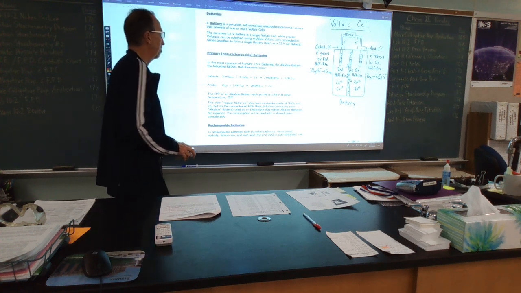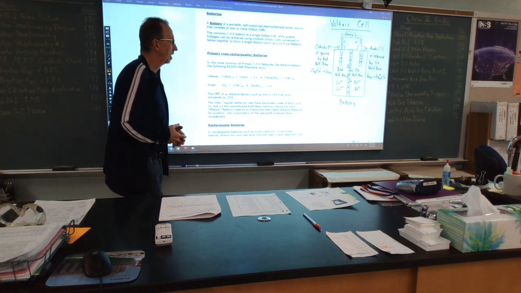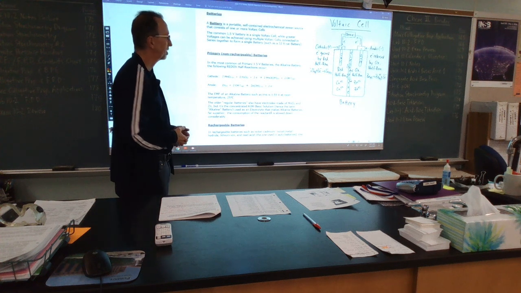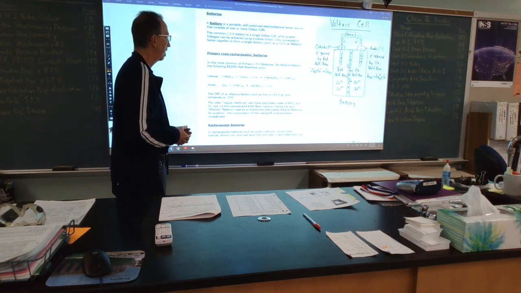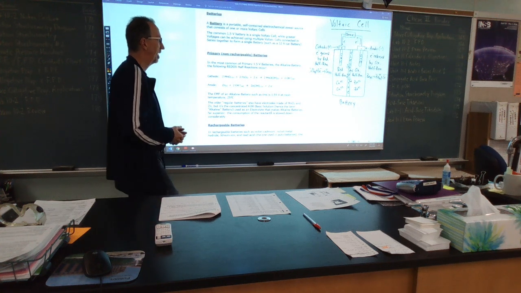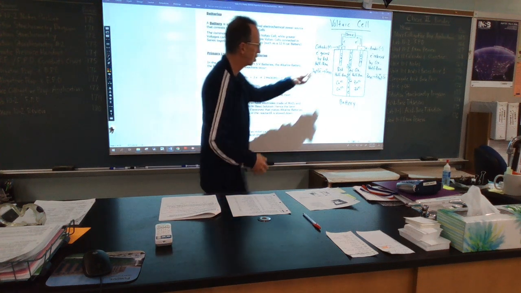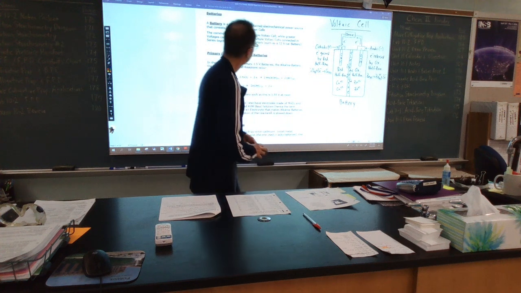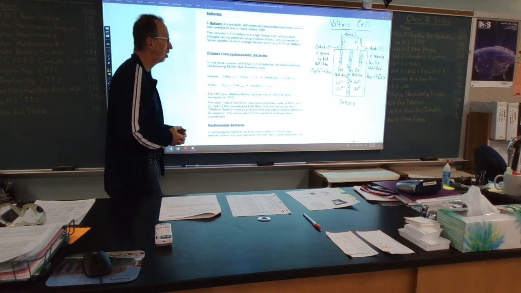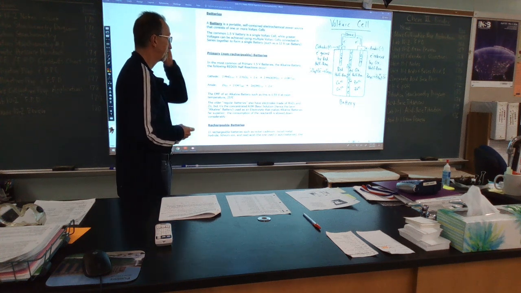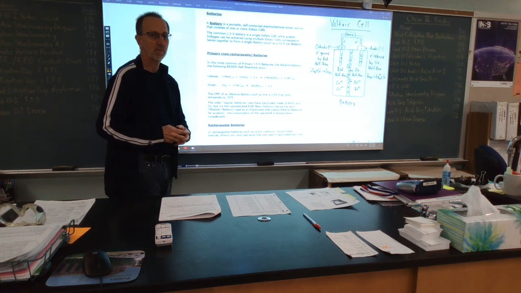So a battery is a portable, self-contained electrochemical power source that consists of one or more voltaic cells. The common 1.5 volt battery is a single voltaic cell, just like this one. While greater voltages can be achieved using multiple voltaic cells connected in series together to form a single battery.